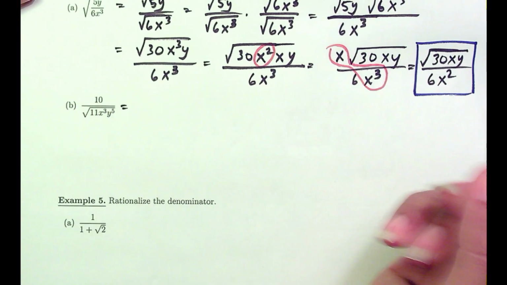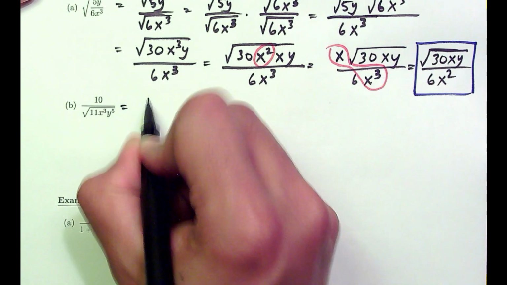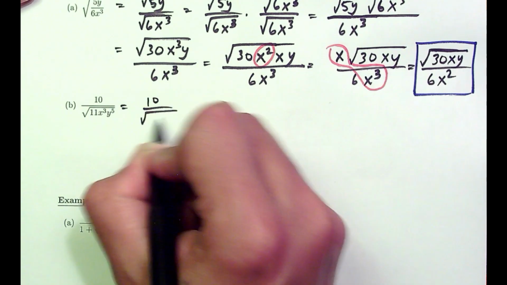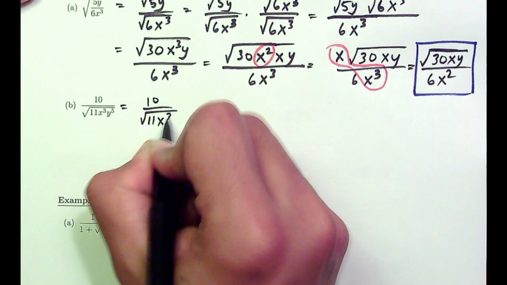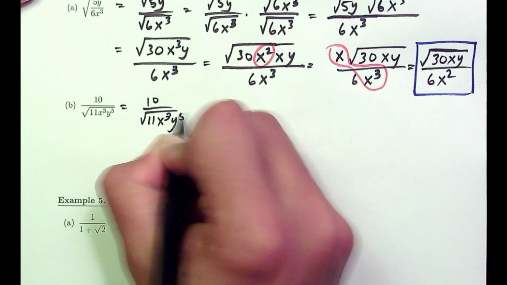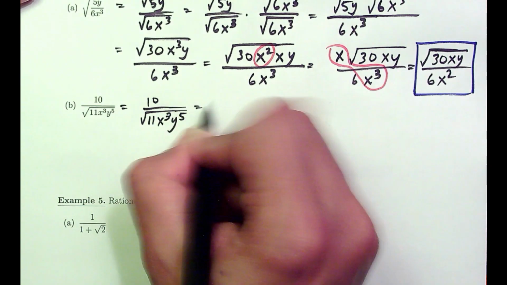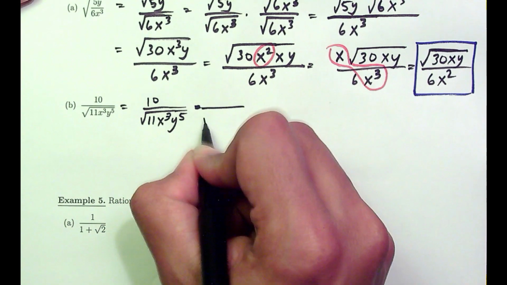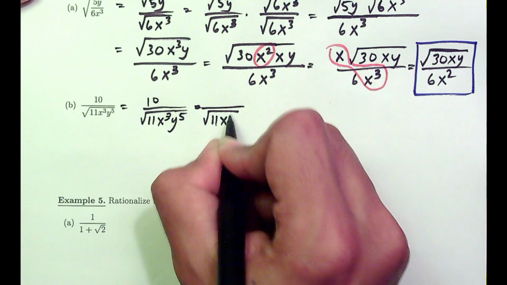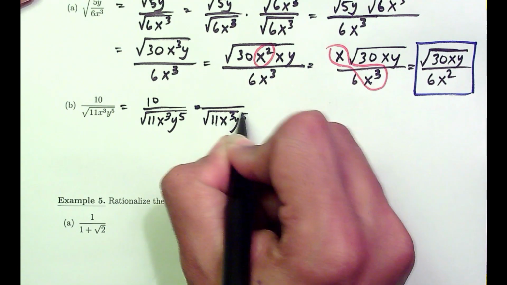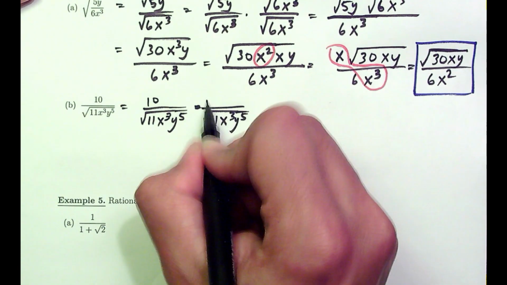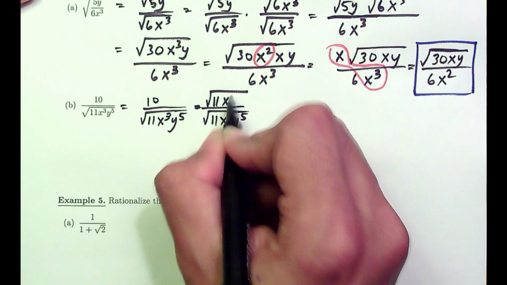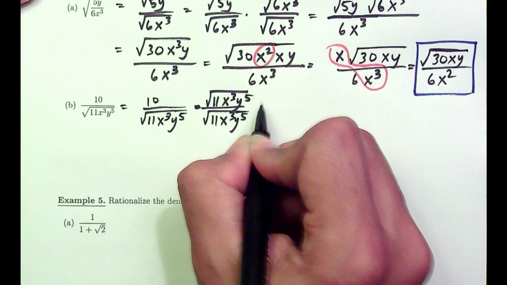So this is going to be, take this fraction and multiply top and bottom by the square root that I see. Square root of 11 x cubed y to the fifth.